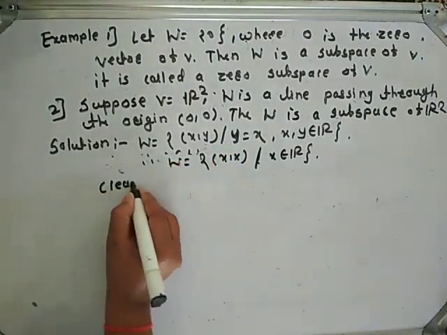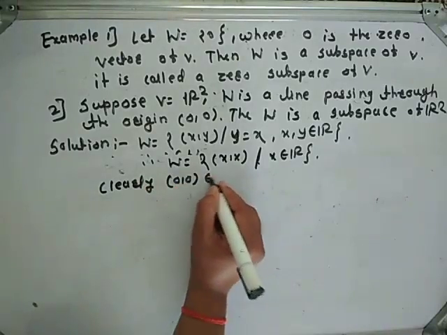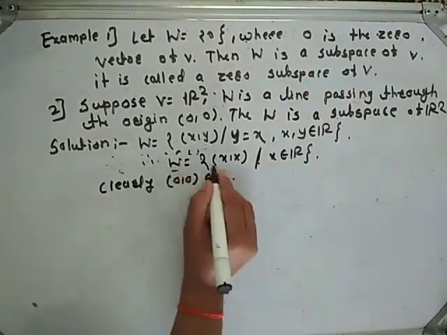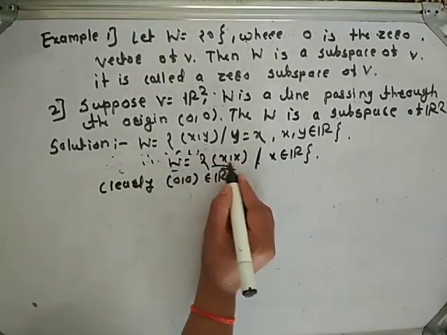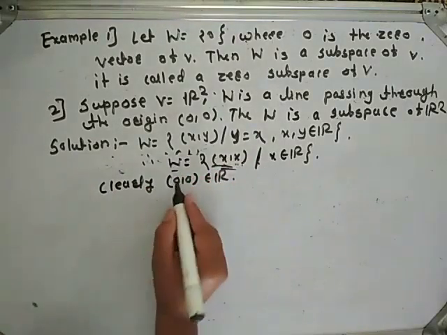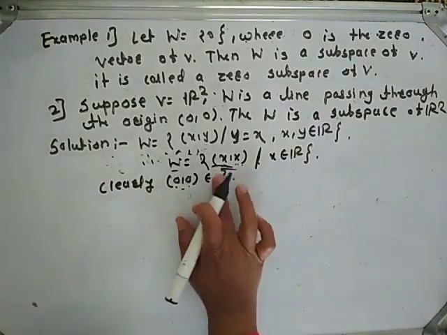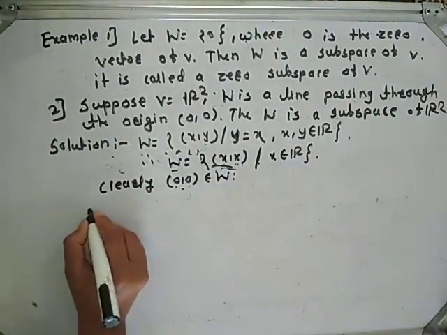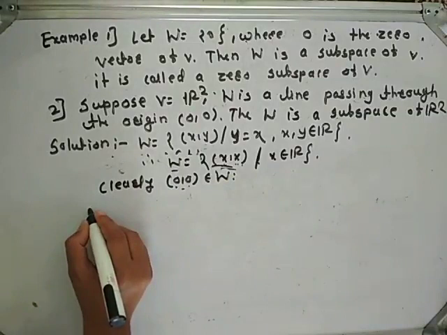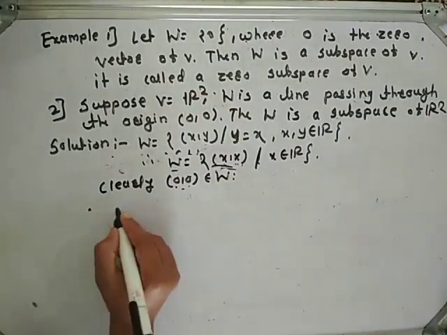Now clearly the zero vector (0, 0) belongs to W, because W is of the form (x, x), meaning the x coordinate and y coordinate are the same, and at the origin the x and y coordinates are 0, 0. That's why the ordered pair (0, 0) belongs to W. Now we have to prove W is closed under vector addition.